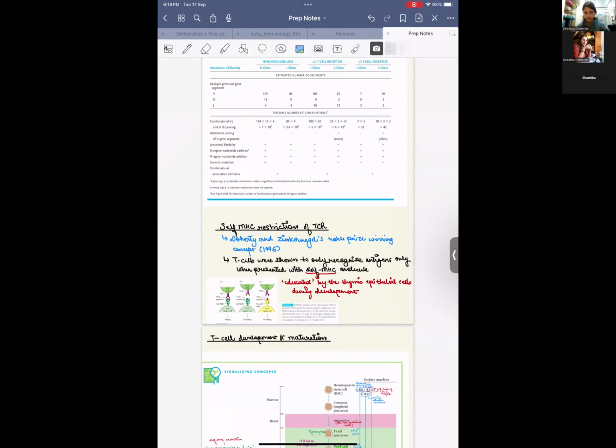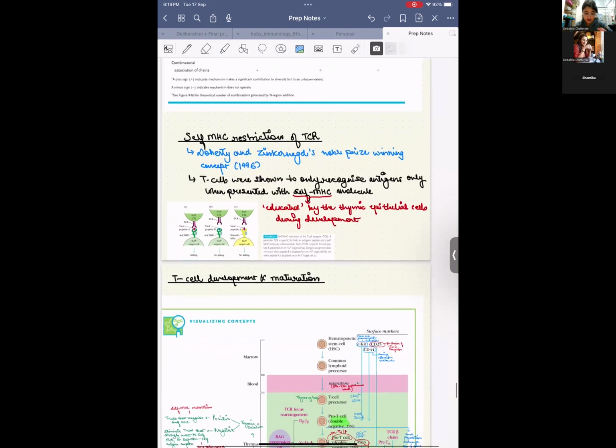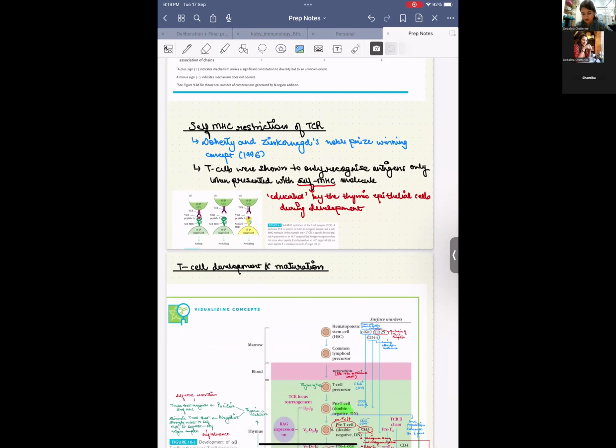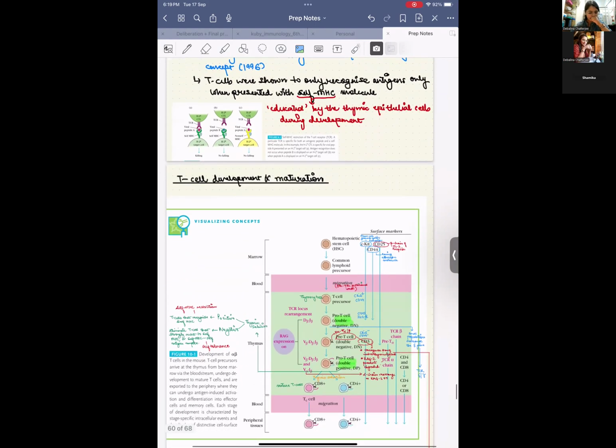And there was a Nobel Prize winning experiment performed by Doherty and Zinkernagel, wherein they demonstrated experimentally that it's only if the antigen is presented along with the self-MHC molecule that we will have an immune response. In terms of T cells, the cells of interest here were the cytotoxic T cells, and we saw that they were bringing about a killing function.